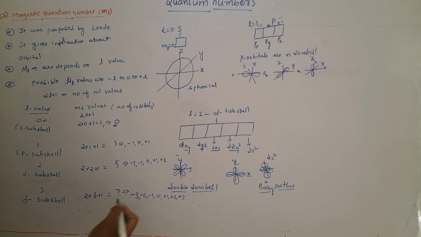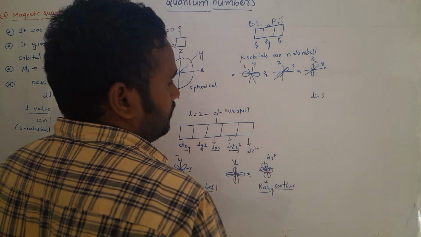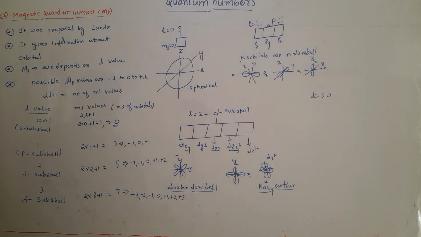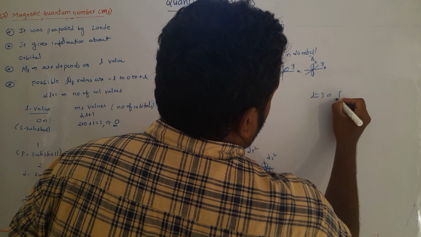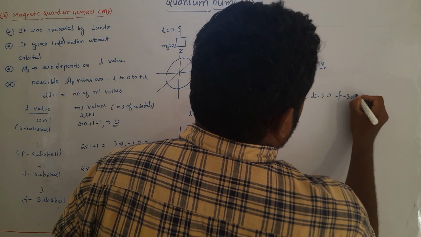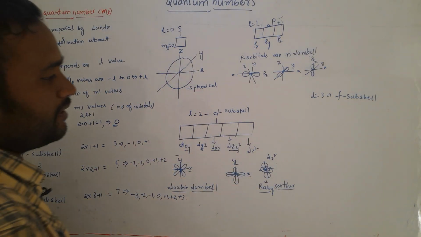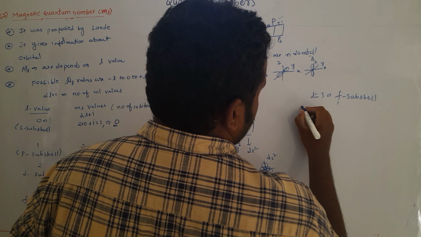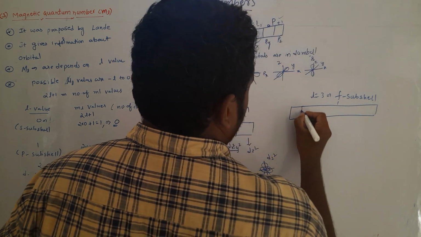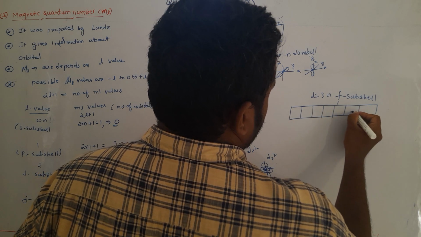These 7 values are possible, which means l equal to 3, the f subshell, contains 7 orbitals. 1, 2, 3, 4, 5, 6, 7.